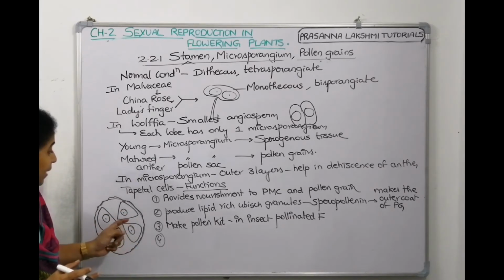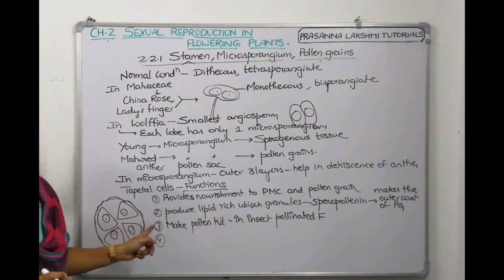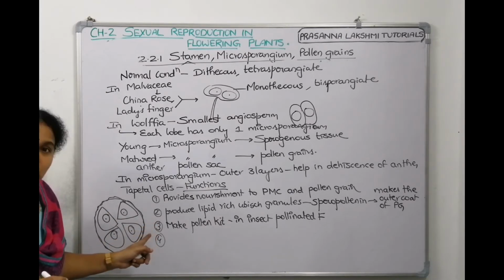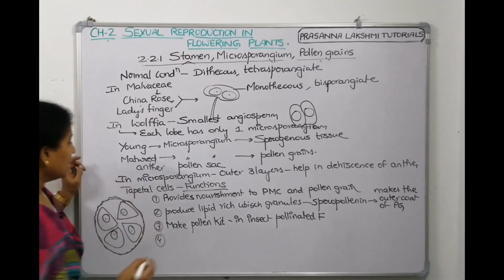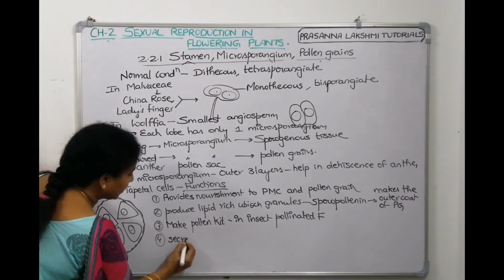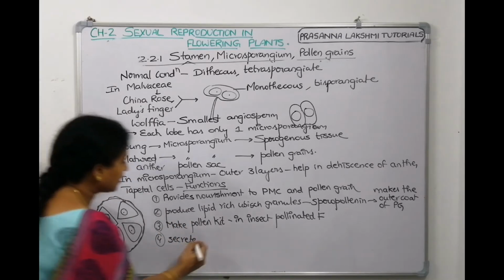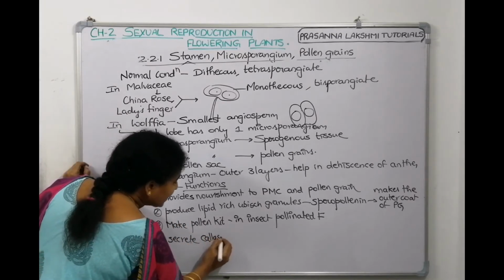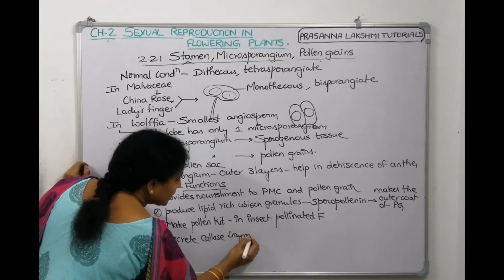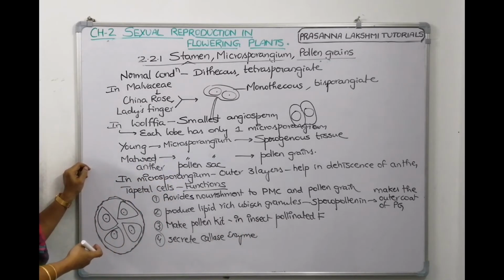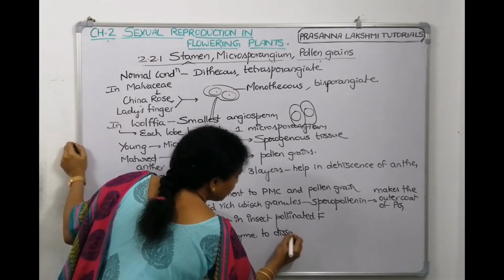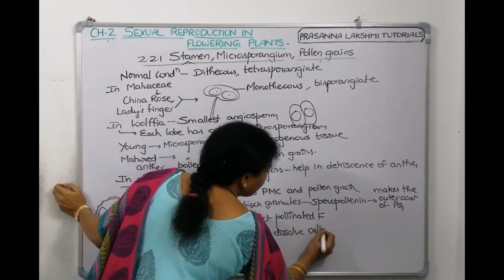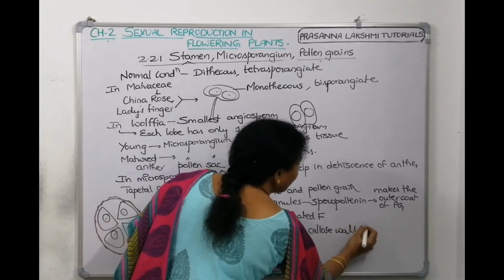So this callose wall of the microspore tetrad is dissolved by the Callase enzyme secreted by the tapetal cells. They secrete Callase enzyme to dissolve the callose wall of the microspore tetrad.